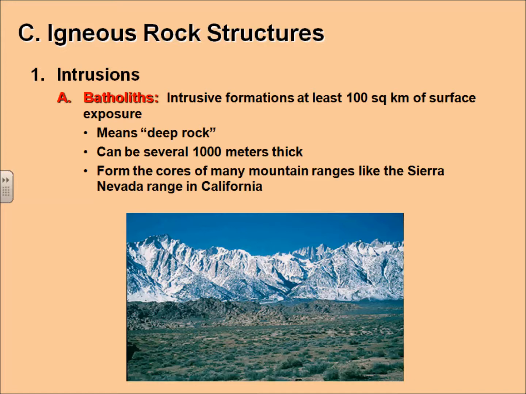Years and years of time go by. Drawing out the Sierra Nevadas again, only there's no dirt on top, because it's all either weathered away or eroded away or washed away out in the middle of the Pacific Ocean somewhere. It's gone, right? And now what's left is the Sierra Nevadas.